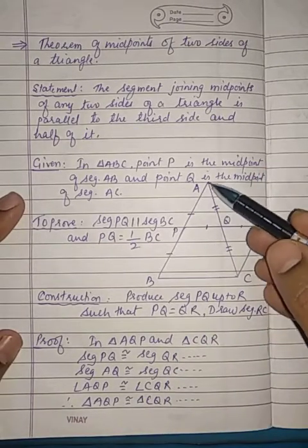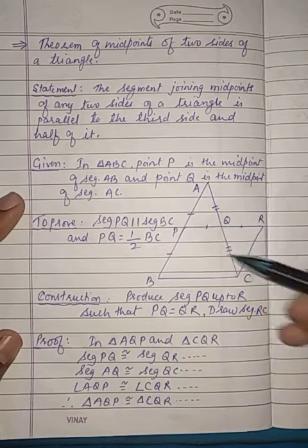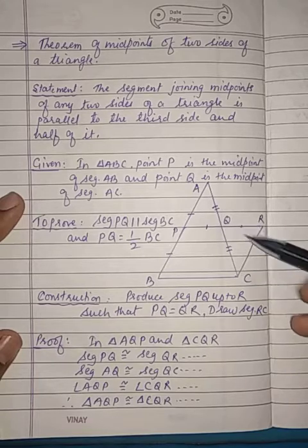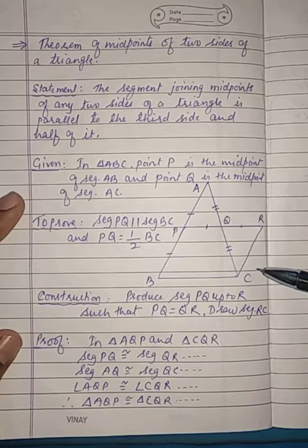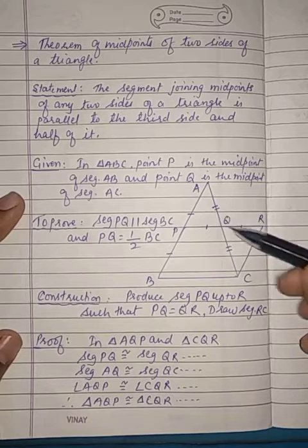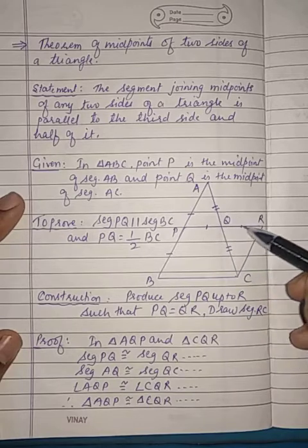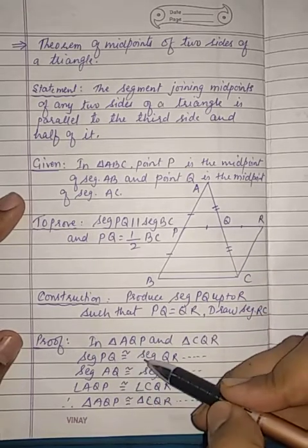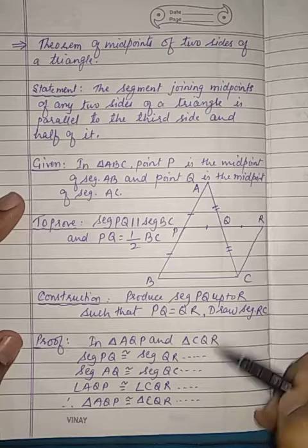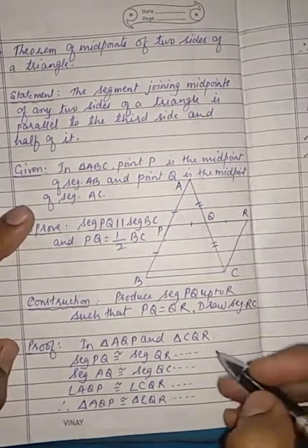Let's select triangle AQP and triangle CQR, these two triangles. Let's find out what is congruent in these two triangles. First of all, PQ is congruent to QR. You have to give the reason for this.